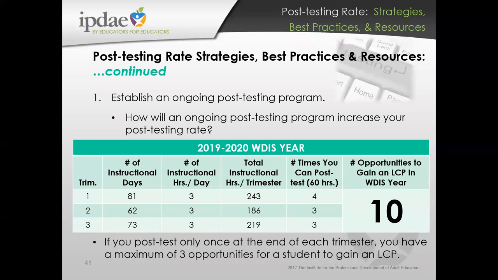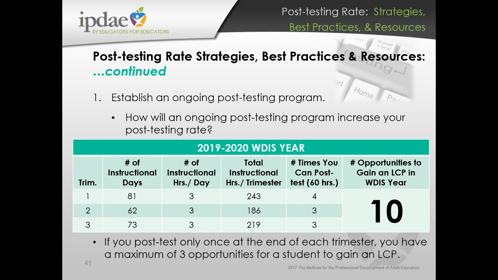If there are 81 instructional days in trimester 1 and a student attends 3 instructional hours per day, he or she is going to have an opportunity to test up to 4 times that trimester. If we look at trimester 2, there are 62 instructional days at 3 hours per day equals a total of 186 instructional hours.